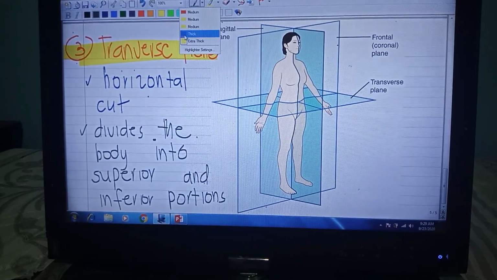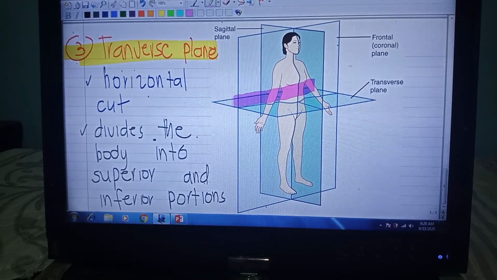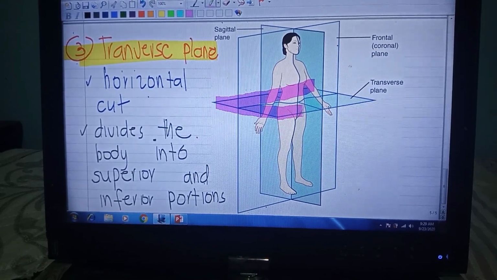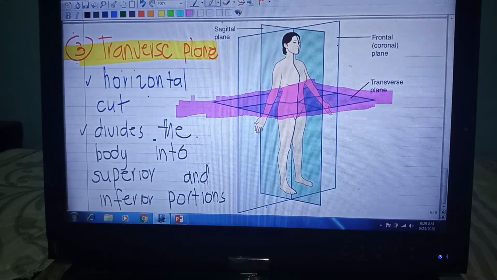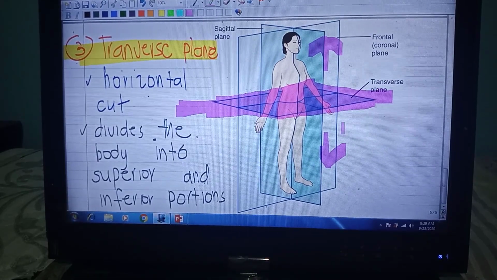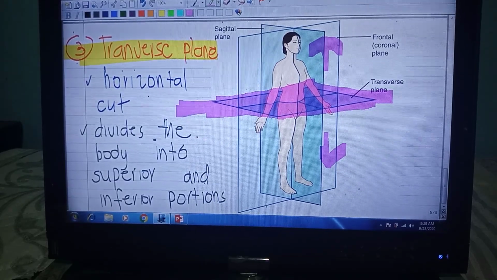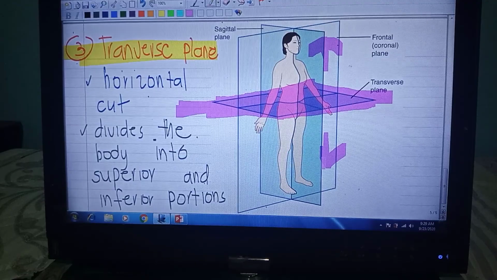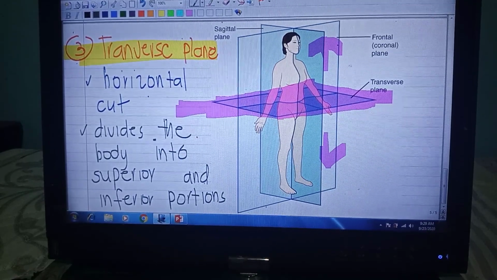Tignan natin yung figure ng transverse. Pag hinati mo yung katawan horizontally, above and below, inferior, superior, transverse plane. Okay, so that is all about your directional terms.